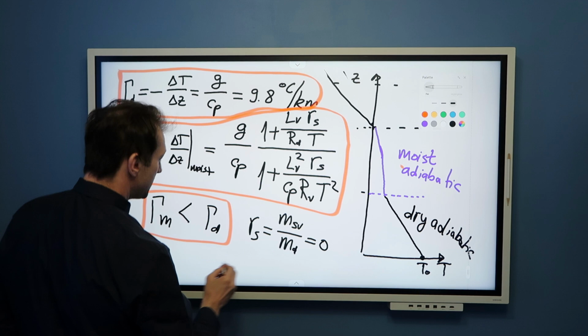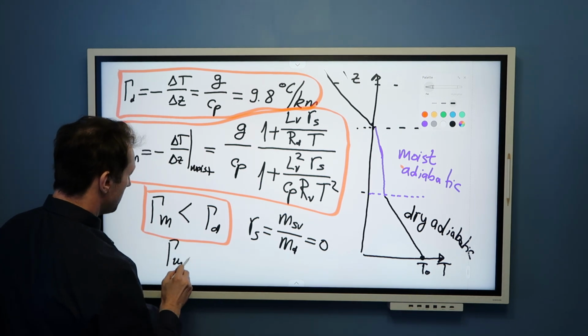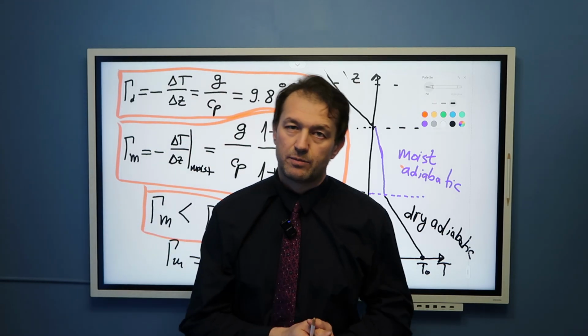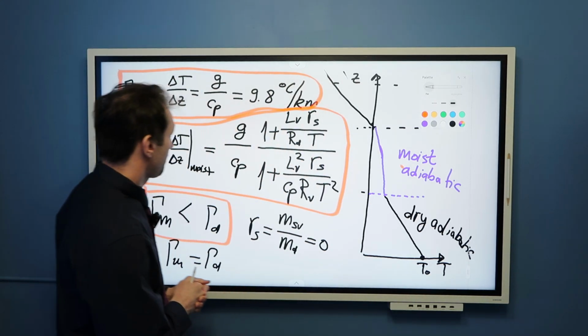So if Rs is equal to 0, gamma m is equal to gamma d. That makes perfect sense because there is no water vapor to condense.